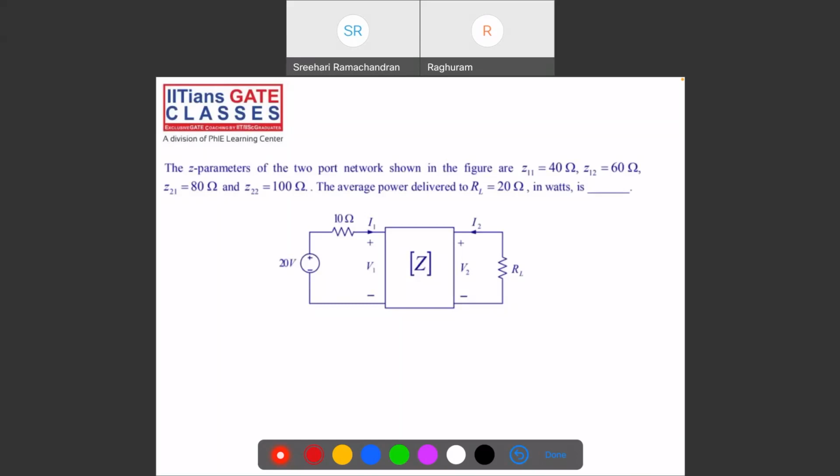The average power delivered to the load resistance 20 ohms in watts is dash. This is what you have to find. Remember, this is not a reciprocal network. Z12 is not equal to Z21. You can't directly write the T equivalent of the Z parameter. Now try to find this. Take it as a homework and you can try to do this.